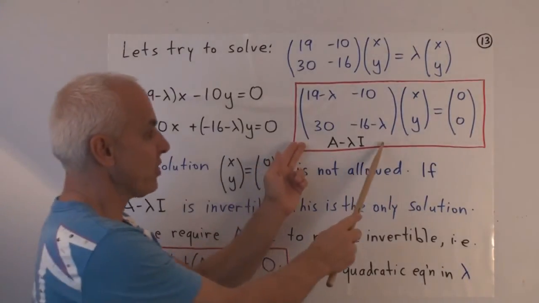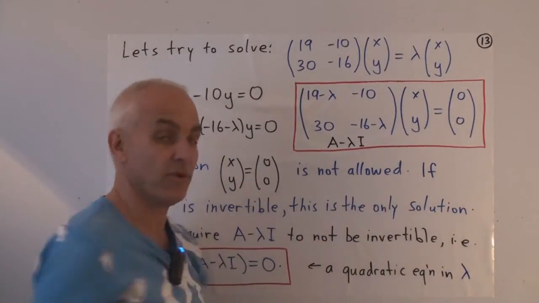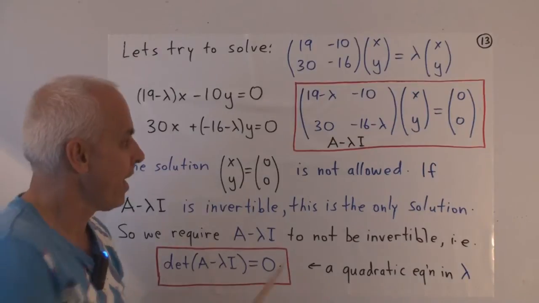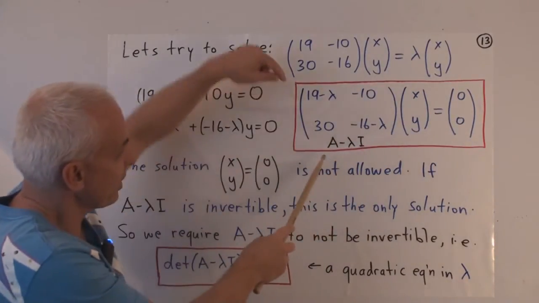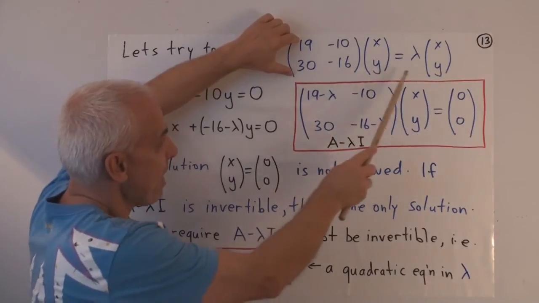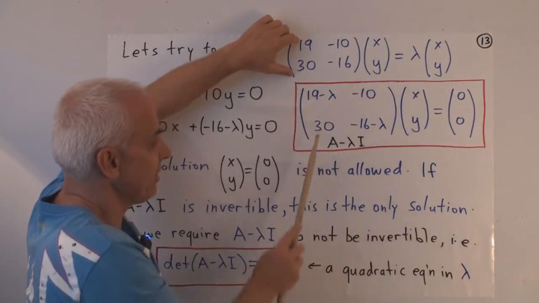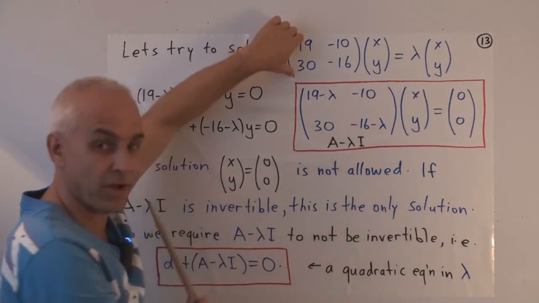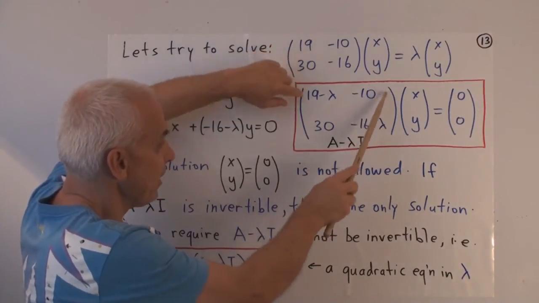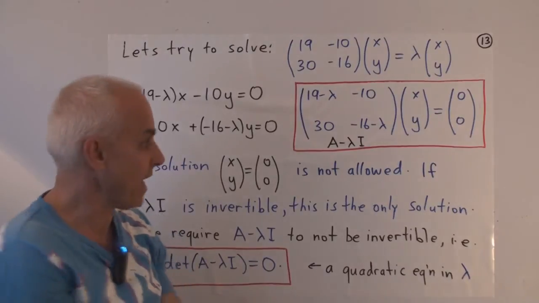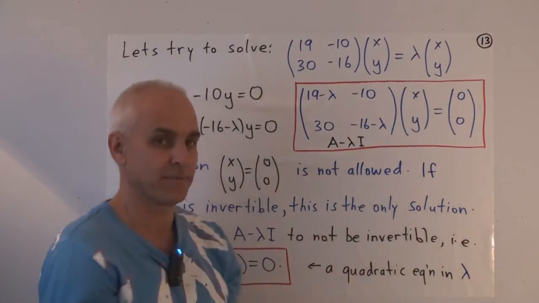So that's the matrix times x y equals 0, 0. And this matrix we could have just concluded immediately from here. It is just the matrix A minus lambda times the identity. You see the lambdas are only appearing along the diagonal, so we're really subtracting lambda times the identity from the original matrix A. That's what that matrix is.